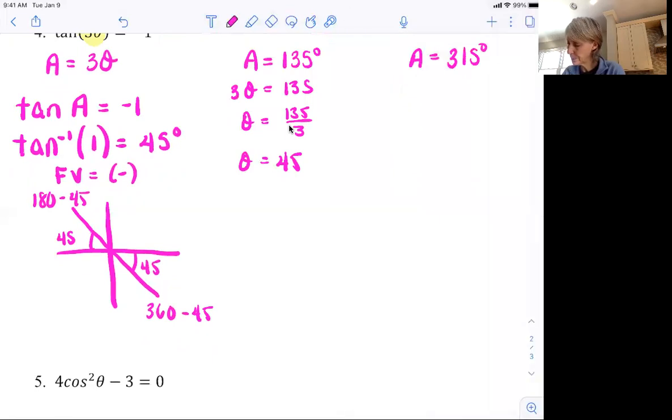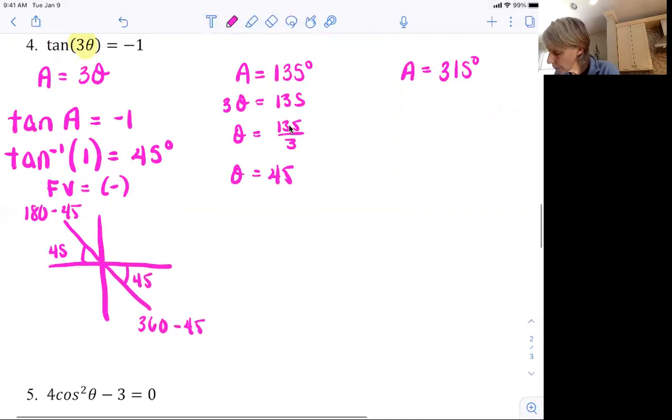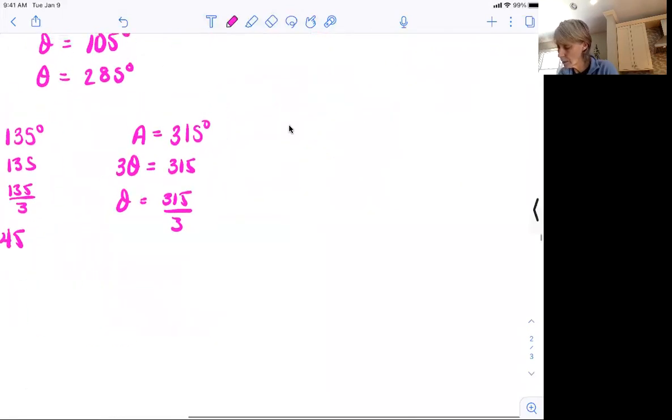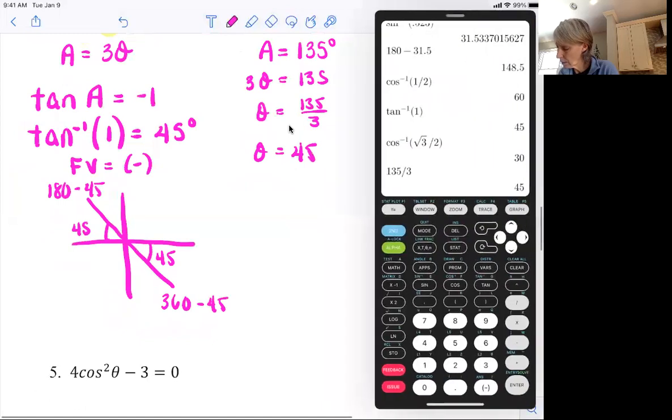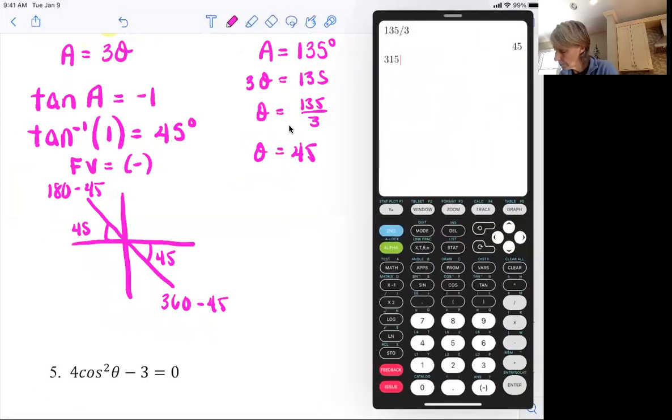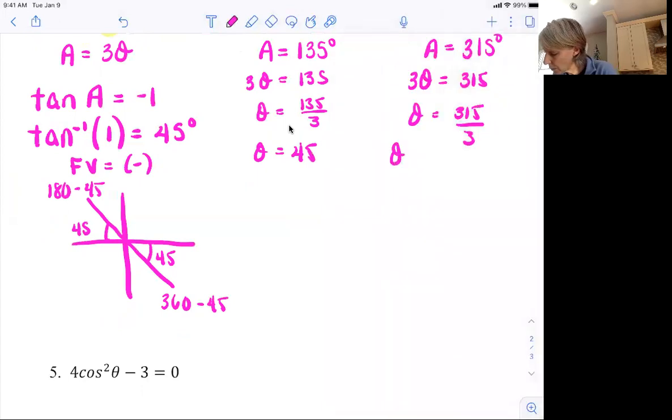Yes. 3 theta equals 315. So theta equals 315 divided by 3. So for this value, it's 105. So these are our 2 main solutions.